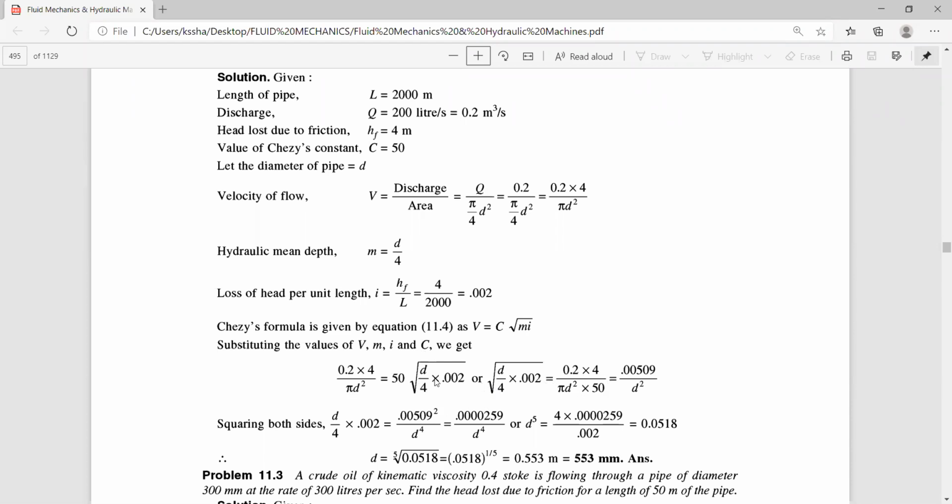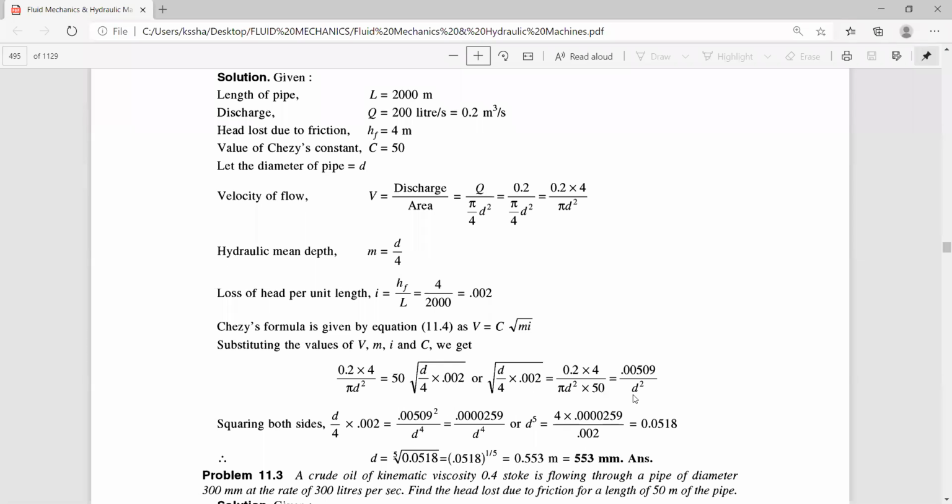If you do the calculation of this part, that is what we are trying to do, under root of d by 4 into 0.002. This calculation you are doing, 0.2 into 4 divided by 50 into pi, where pi value is 3.142. If you do this entire calculation, this value comes out to be 0.00509. If you have calculators, you try to do it.